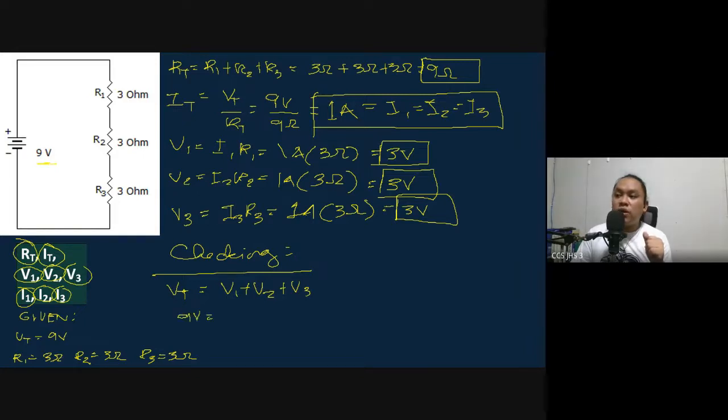V sub 1 is equal to 3 volts plus V sub 2, 3 volts, plus V sub 3, that is 3 volts also. So 9 volts is equal to 3 plus 3 plus 3, 9 volts also. So equal. So our answers are correct.